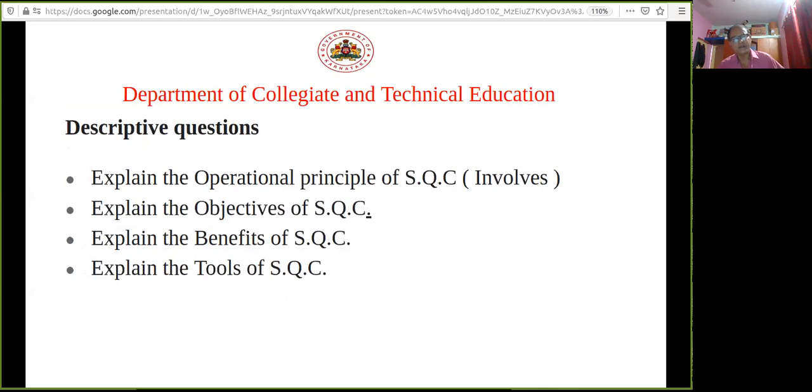And then in the sessions, we have studied the explanation of the operational principles of SQC. So what is involved when you go for SQC? It is nothing but the sample. We take the sample, the sample will be inspected, and we will collect the data. After collecting the data, we will condense that data in the form of charts, and the charts will be pasted on the machine.